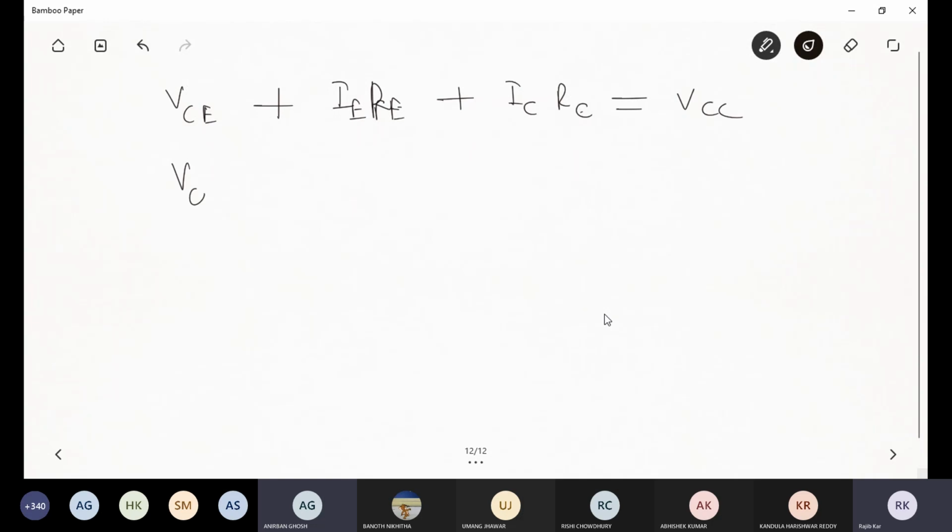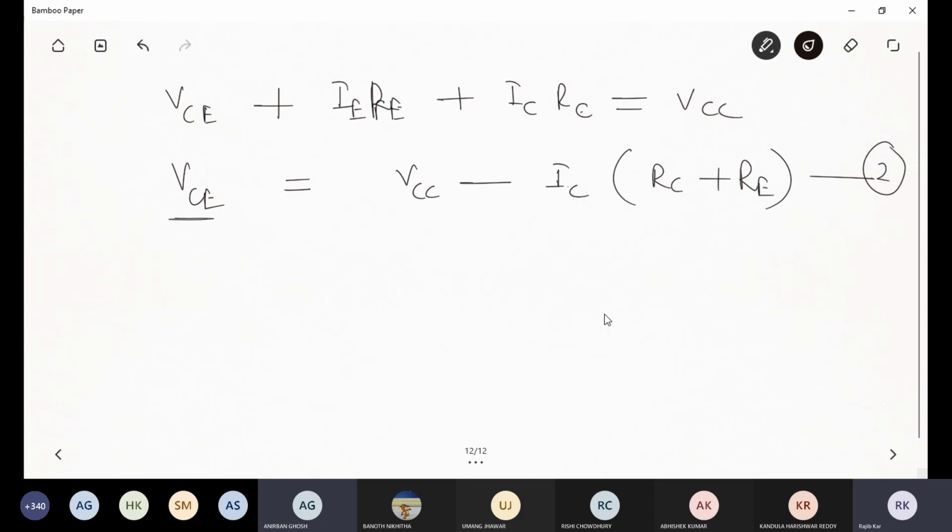If I put it in y equals mx plus c form, this will be minus IC. Let us say equation number 2. See the variation: VCE will be on the x-axis, IC will be on the y-axis, and you can plot it. Find out the value of VCE because we have already calculated the value of IC from the first equation.